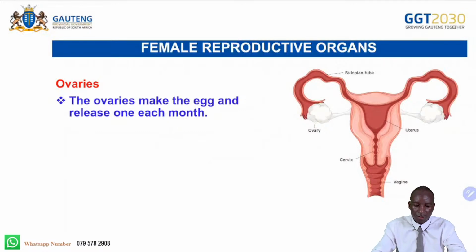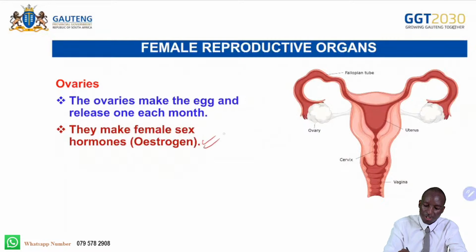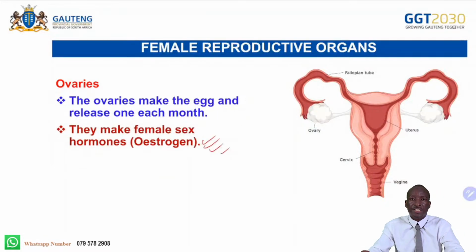Now, they also make female sex hormones that include the very important one, which is estrogen. This is the hormone responsible for all the secondary sexual characteristics in females. In our previous lesson, remember we spoke about puberty.